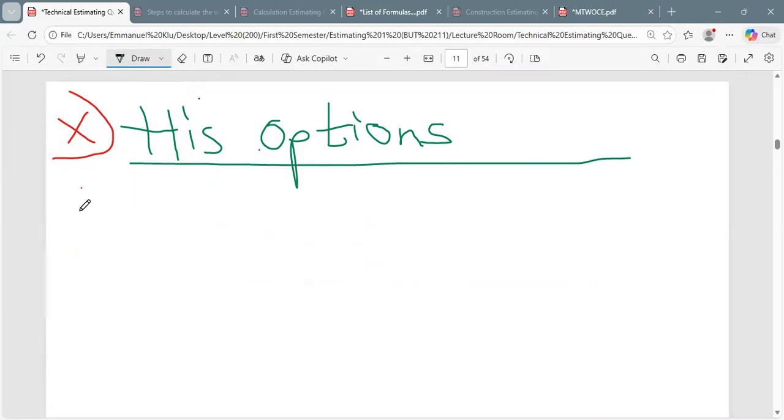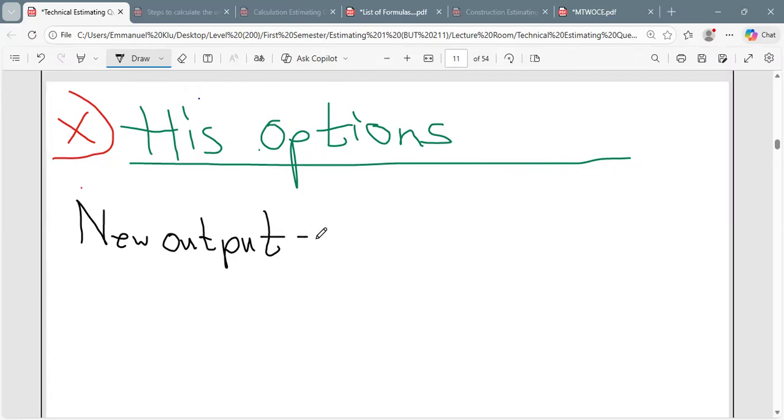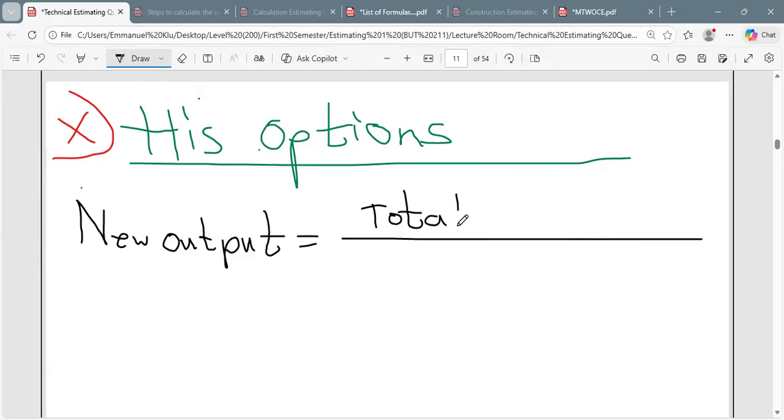So our new output is equal to the total quantity over the duration.